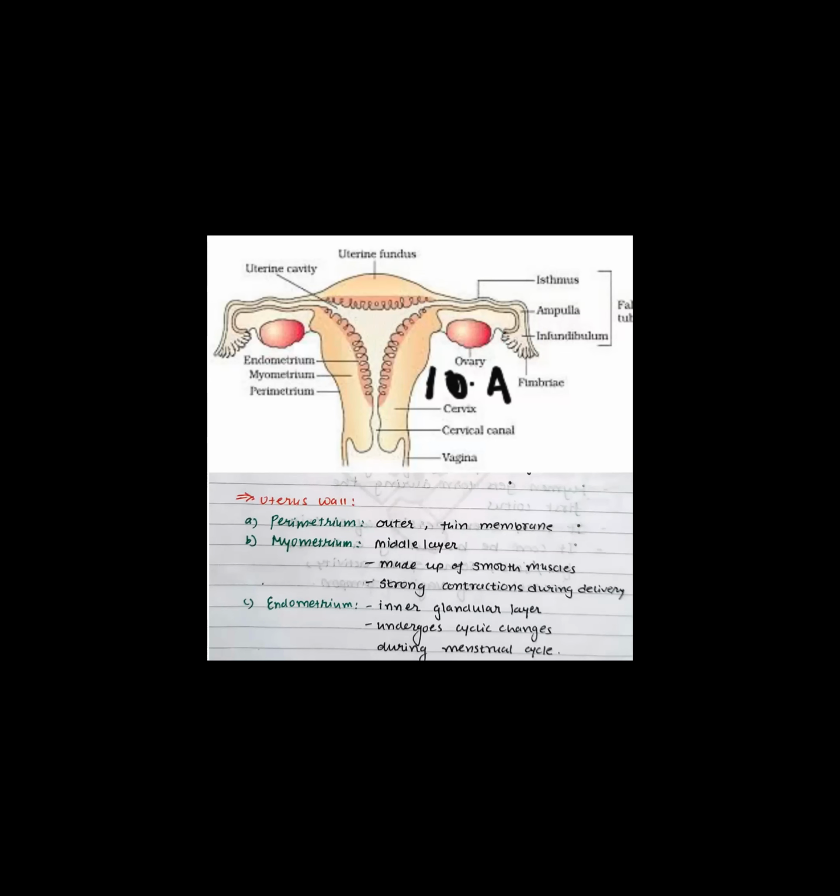If pregnancy is there, there will be no such cycle during that period. Otherwise, this cycle will continue in a female right from puberty, age of 12 plus or minus 1 year, till the menopause, that is age of 45 plus or minus few years. So in both cases, gestation and regularly occurring menstrual cycle, the uterine wall plays a significant role.